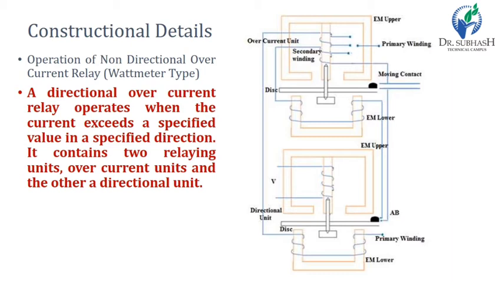So ultimately we have given two inputs to this relay, CT and PT, where the CT secondary is connected with this primary winding and the potential transformer connection is connected with the directional features.